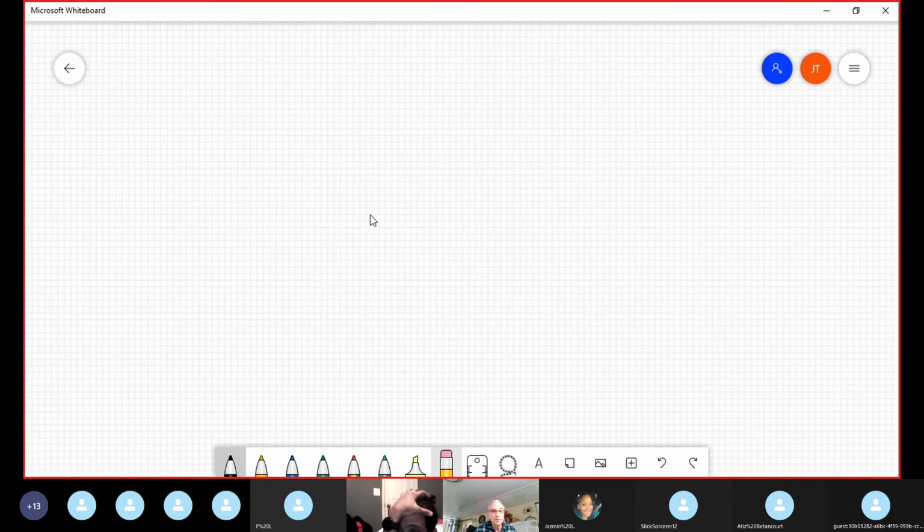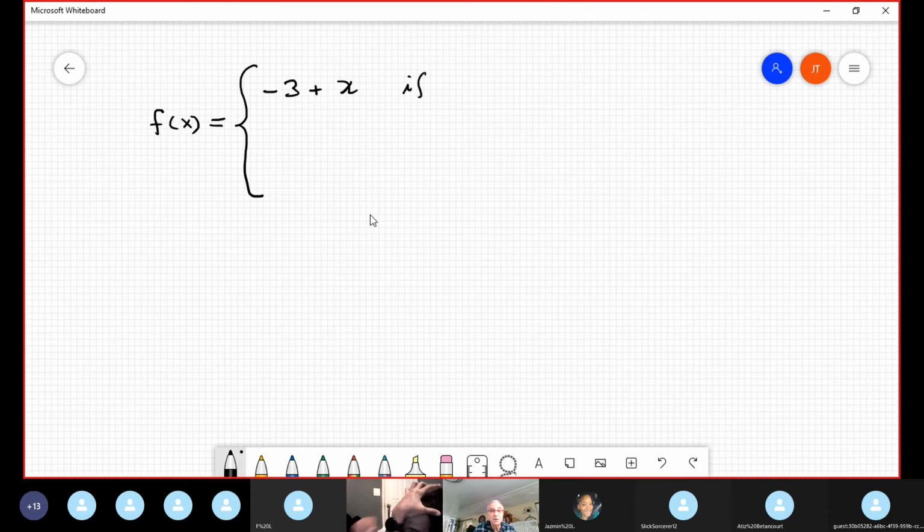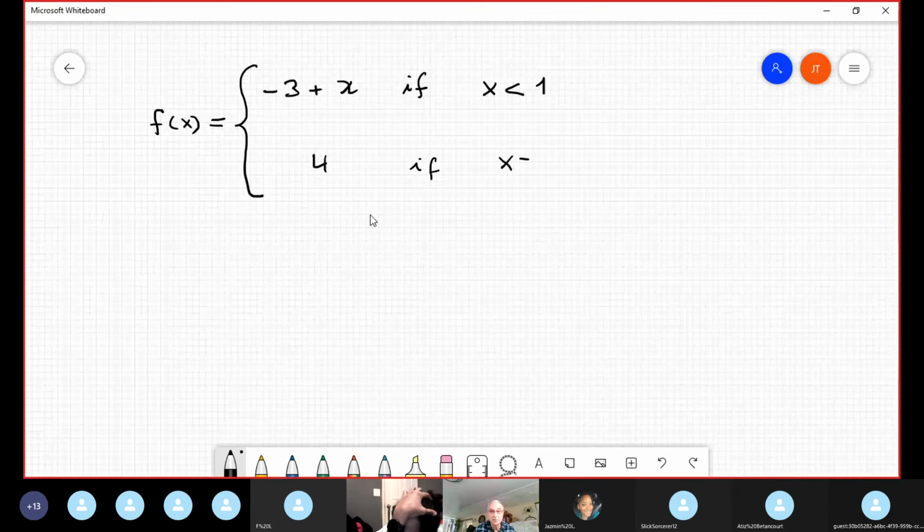Okay, suppose this piecewise function is given. Minus 3 plus x if x is less than 1. And 4 if x is greater than or equal to 1.